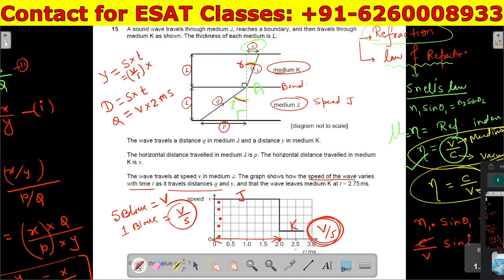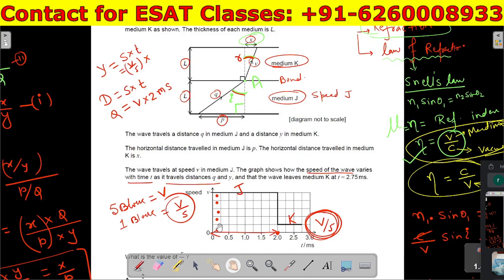And how much time has it taken? The wave enters the medium at 2 milliseconds and leaves at 2.75 milliseconds, isn't it? So how much time does it remain in that medium? Only 0.75 milliseconds, isn't it? So this should be 0.75 millisecond.